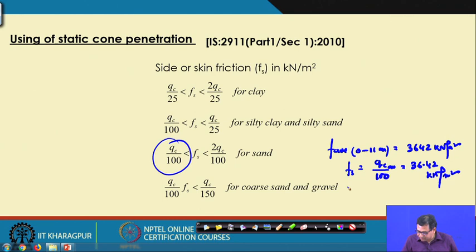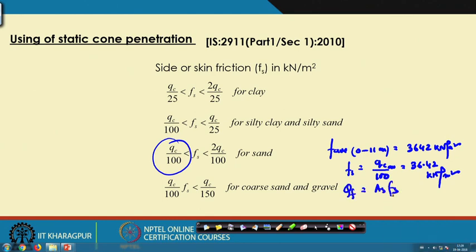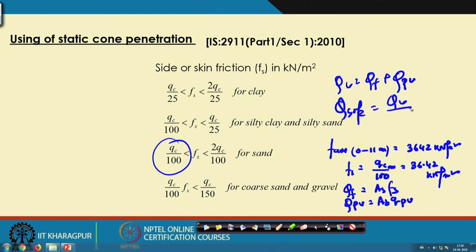Then you multiply it: QS will be AS into FS and QPU will be AB into QPU. Then finally, you will get QU is QF plus QPU, and then QSAF will be QU divided by 2.5, the factor of safety.